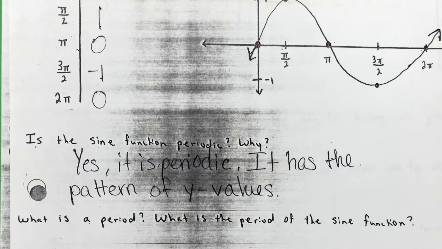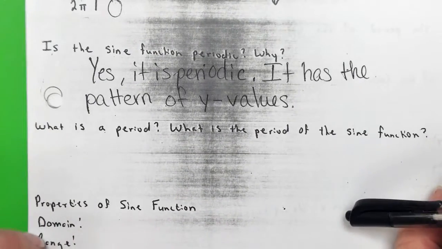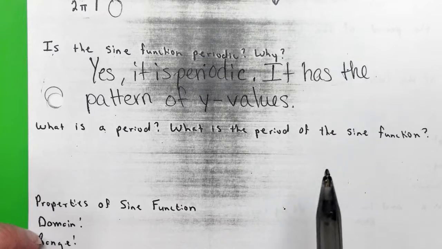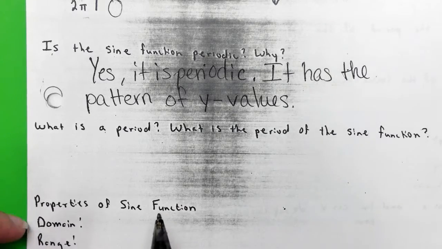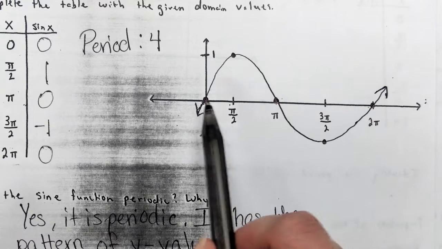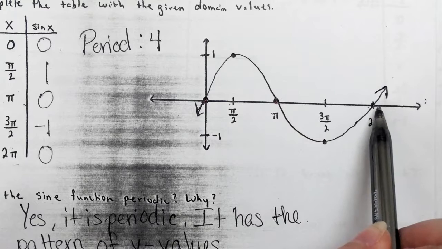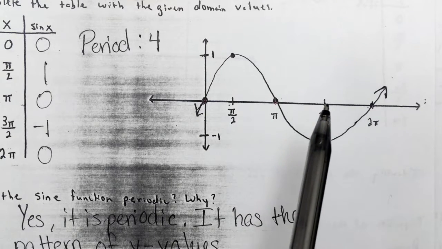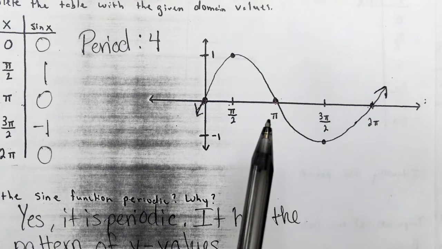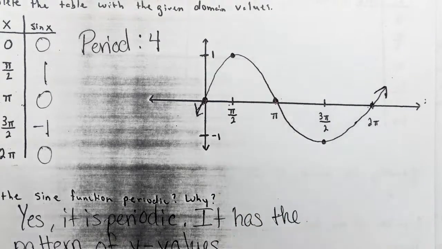All right, so we already talked about this. What is a period, first of all, of a graph? It has a pattern, that is true. So how did we find the period here was 4? Determining the length of what? What's the length of one section? What's that vocab word we used yesterday? Cycle. Very good.